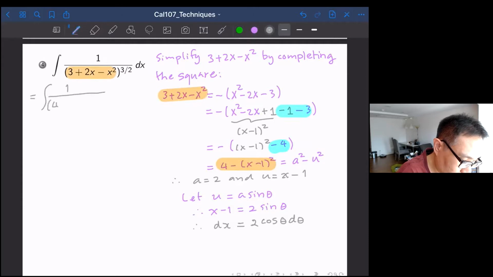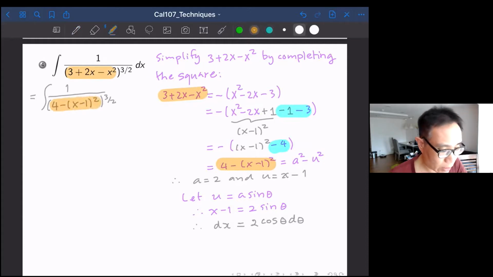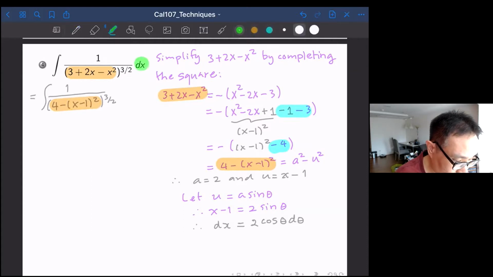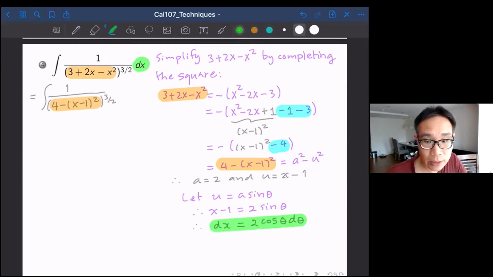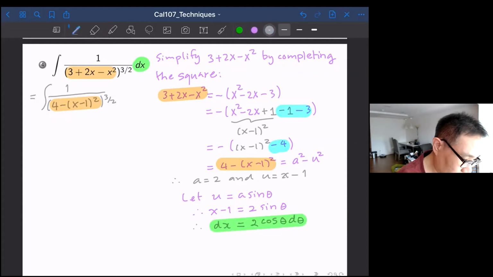So it's going to be 4 minus (x minus 1) squared to the 3 halves. This is the orange term, and you have dx, which equals 2 cos theta d theta.